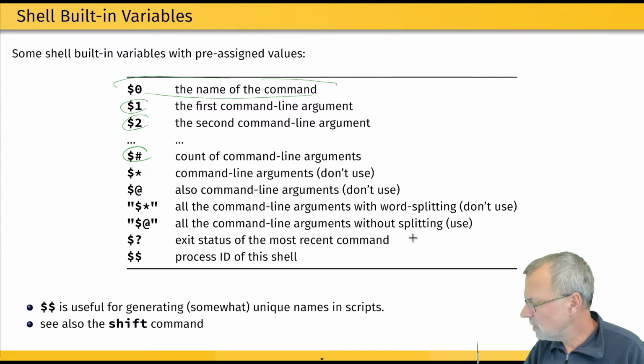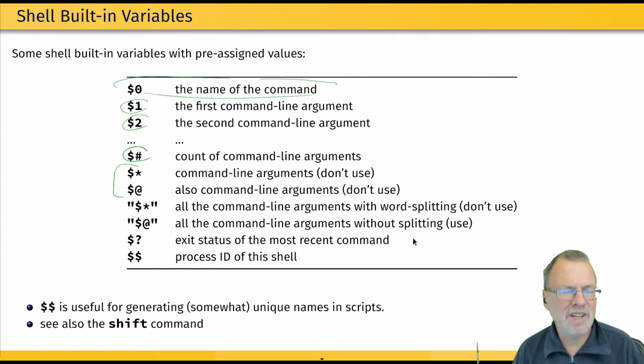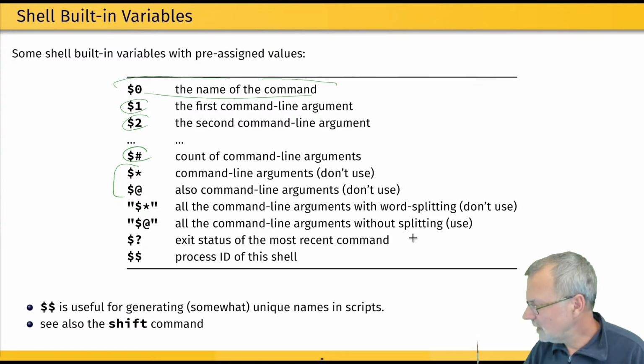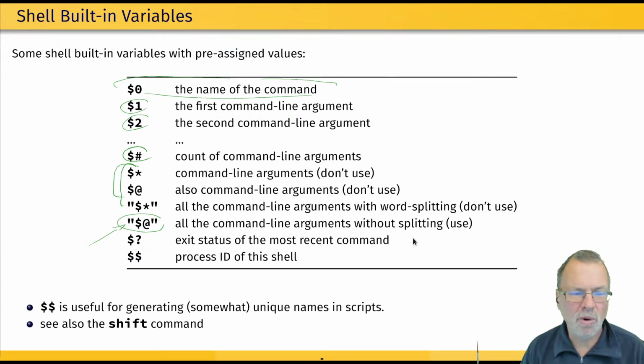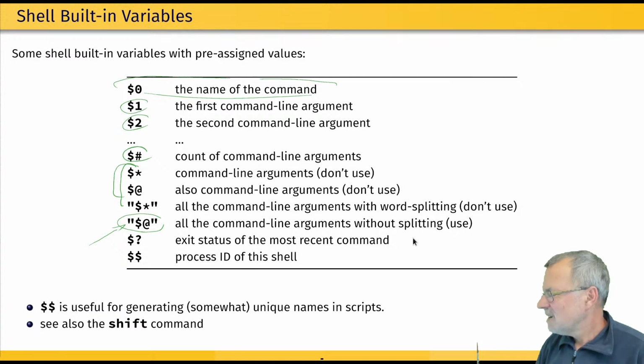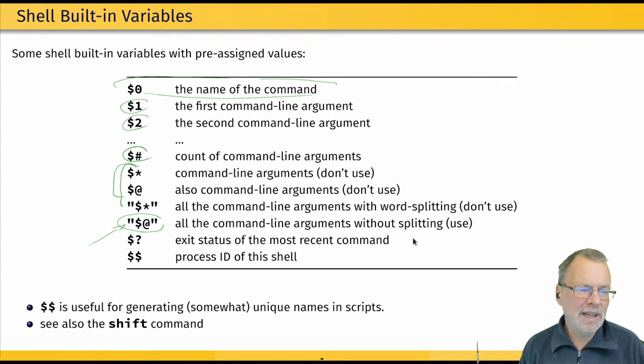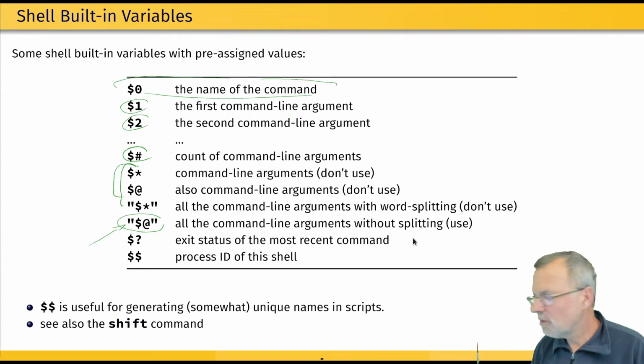There are 2 variables that contain all the command line arguments, $* and $@. You really don't want to use them except this way. What you want almost always in a script, if you want to iterate over the command line arguments or pass them on, is double quotes around $@. Why is sort of complicated, but you're avoiding splitting.